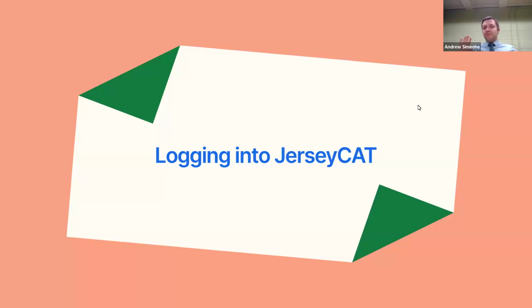So, before we even begin with logging into JerseyCat, what is JerseyCat? Well, JerseyCat is a virtual catalog. It is a free statewide interlibrary program that searches over 700 public and college libraries within New Jersey.